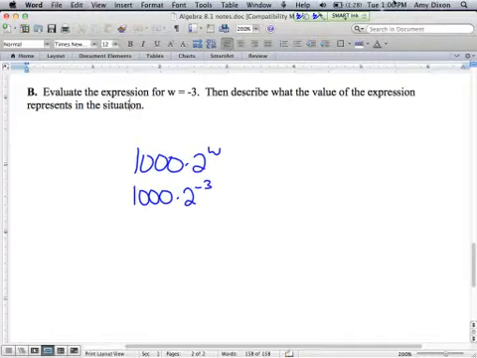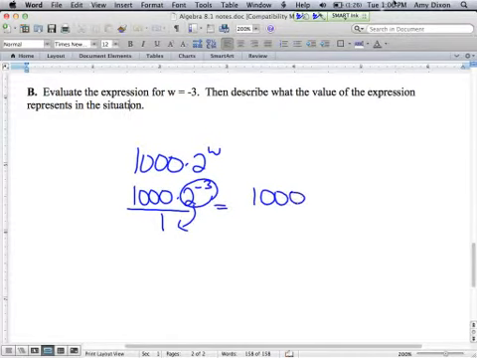Now we got a negative exponent to take care of. We always got to take care of those. If you have any negative exponents, take care of those first. This is unhappy. It's in the wrong party. We got to go downstairs. So we get 1,000 over 2, and instead of a -3, our exponent becomes a +3.